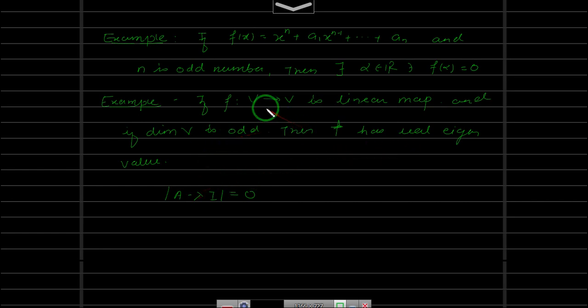Since V is of odd dimension, this will be a polynomial of odd degree, and by using the previous example we can say that it will have at least one real root, and that real root is called the eigenvalue. This you can write.